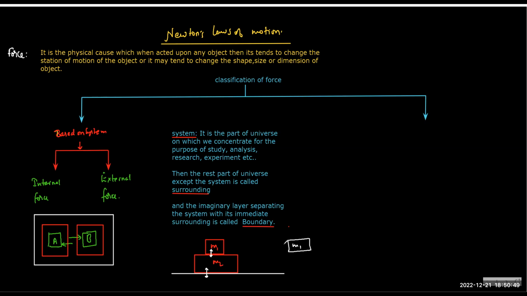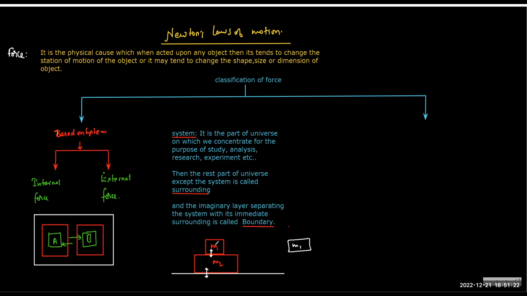And what M1 applies on M2 is also external. What the surface of the ground applies on M2 is also external, and what the earth attracts with is also external. So there are many forces acting on every object, and because of the assumption of the system, you can call a force external or internal, and vice versa.